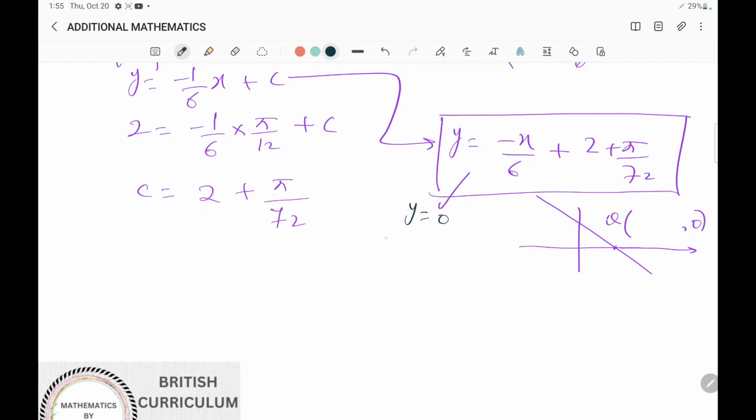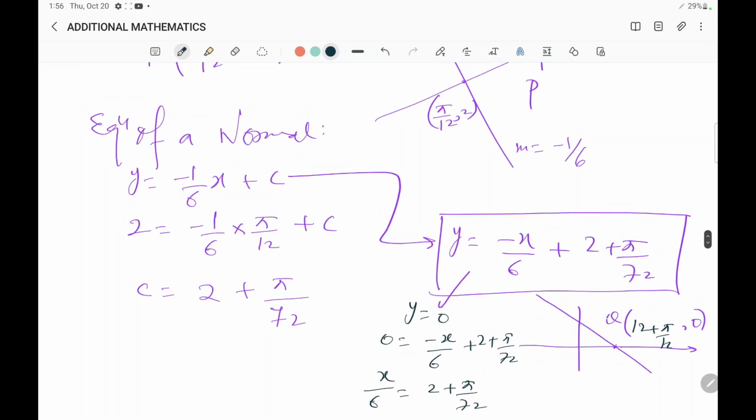If y is 0, then 0 equals minus x over 6 plus 2 plus pi by 12. So x over 6 equals 2 plus pi by 12. Now multiply by 6, so x equals 12 plus pi by 12. So the x coordinate of Q is 12 plus pi by 12.